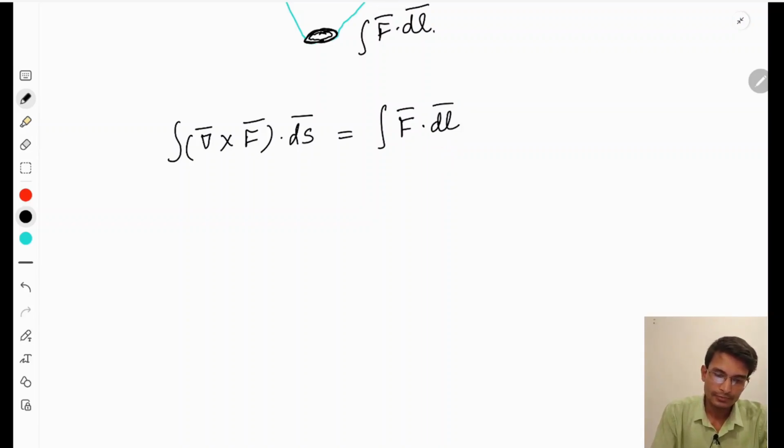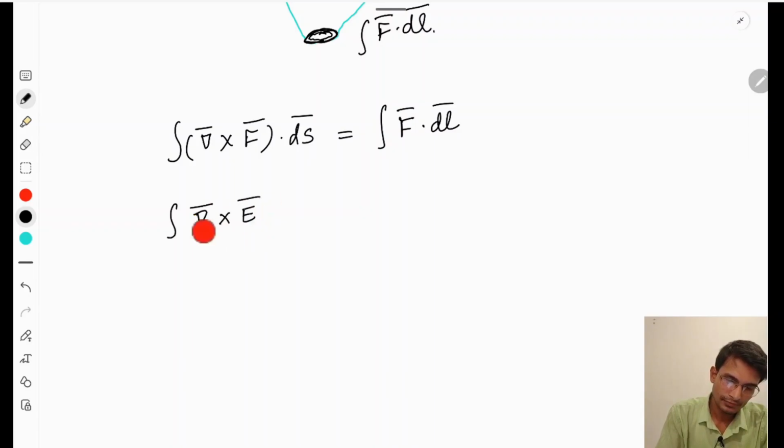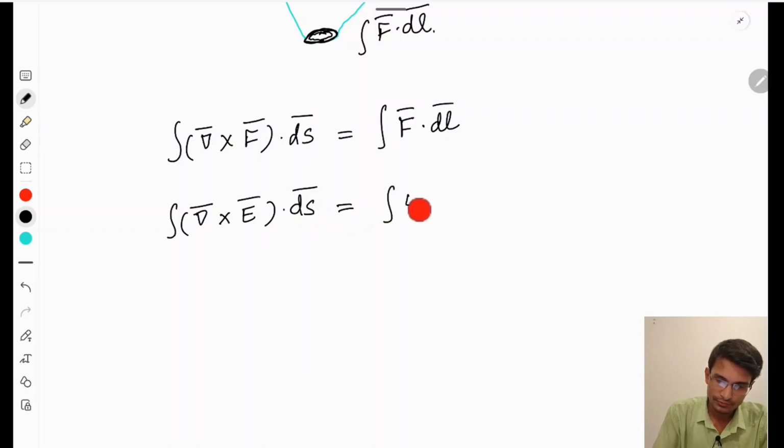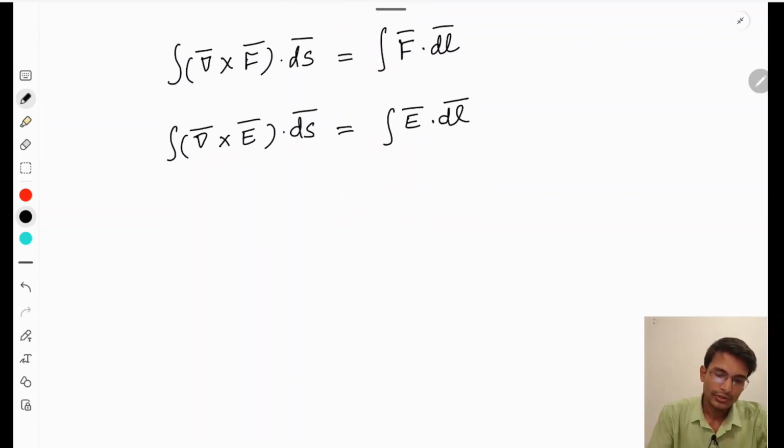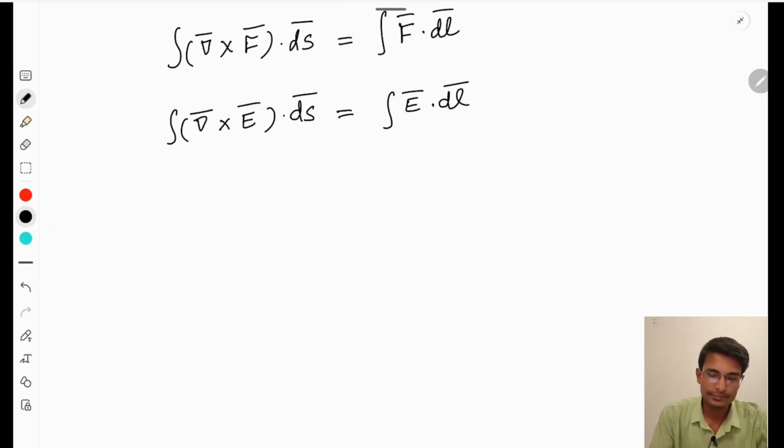Now here in our case, we will replace the vector quantity F with the electric field E. Del cross E dS is equal to E dot dL. We can choose any surface for this derivation.